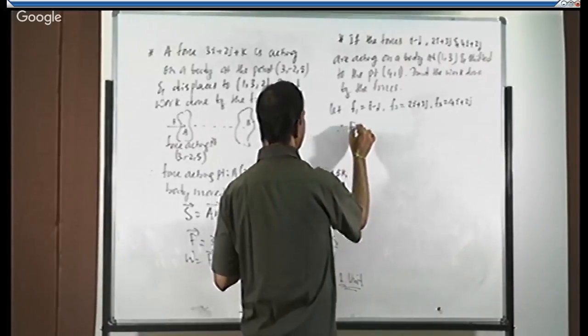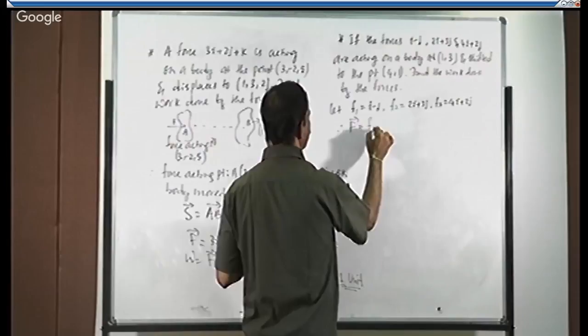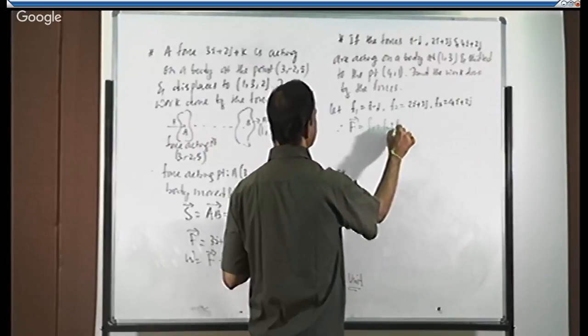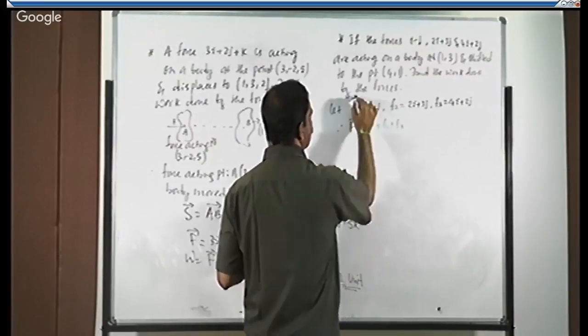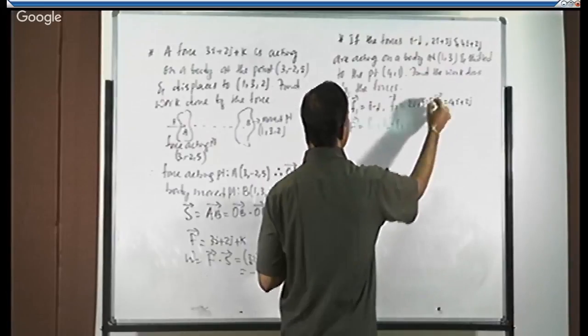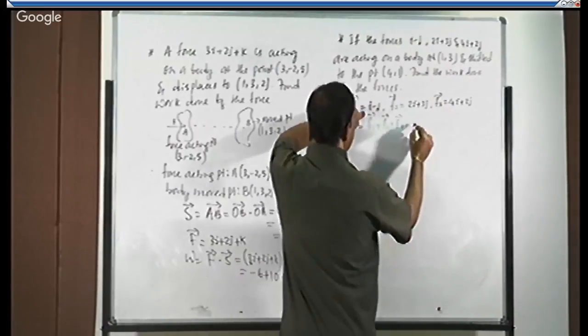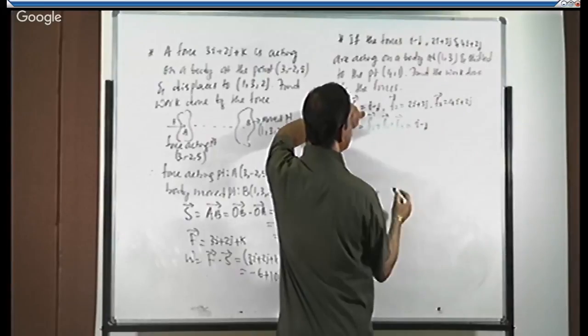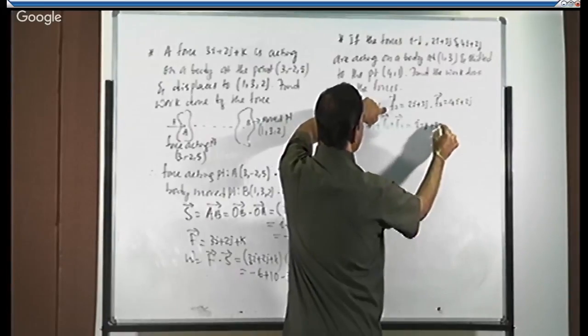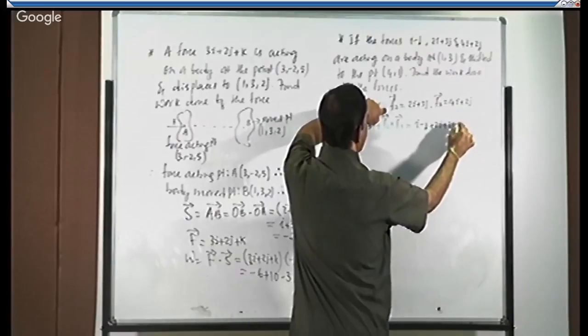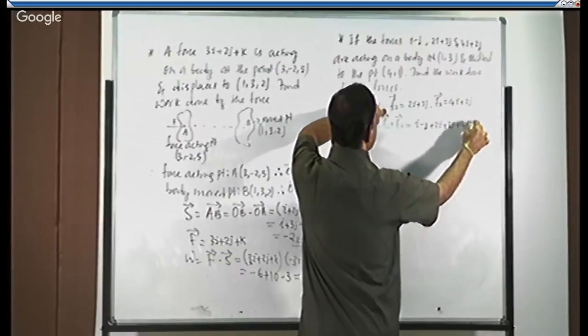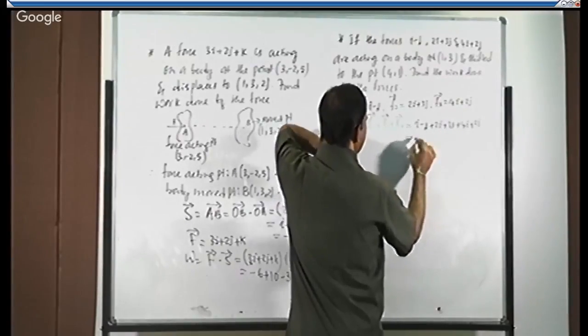Therefore, F is equal to F1 plus F2 plus F3. That is i minus j plus 2i plus 3j plus 4i plus 2j. Add them.